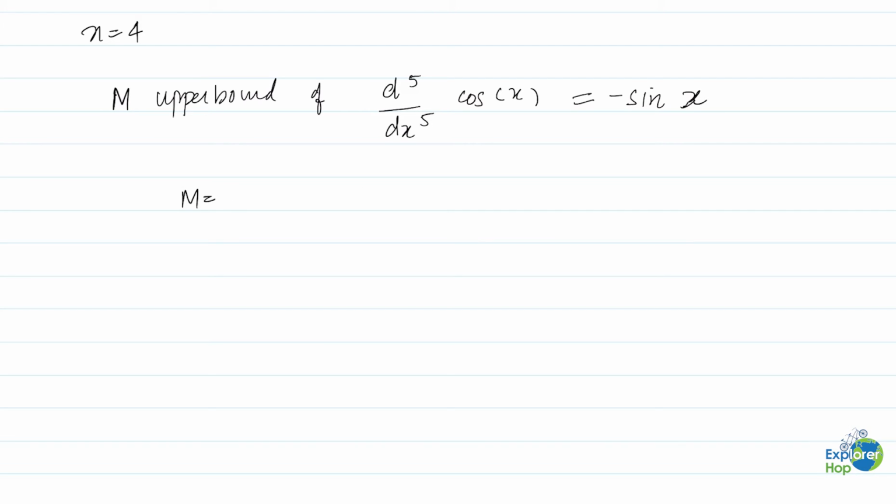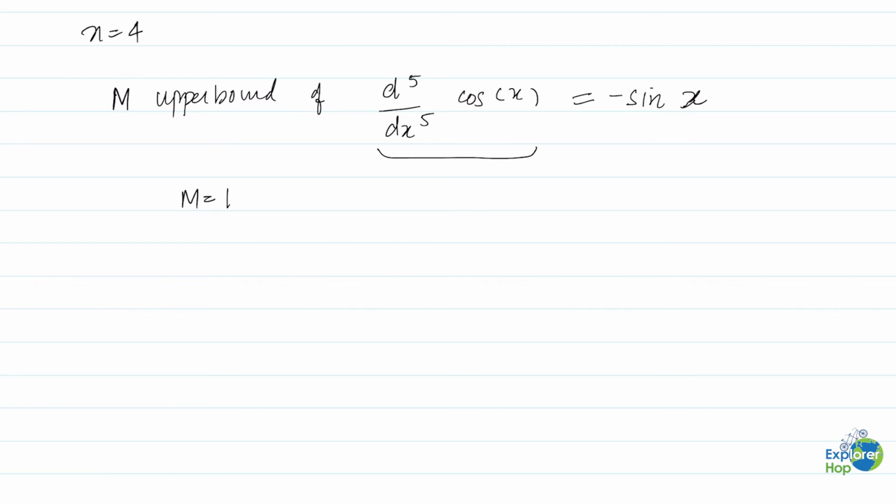The other thing we can do is avoid differentiating cos x 5 times to find that. We know that cos x is a trigonometric function, and the derivative of cos x is always minus sine x, and the derivative of sine x is always cos x. So whenever we differentiate cos x as many times as we want, it's always going to alternate between cos x and sine x.